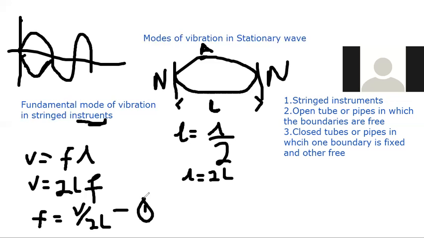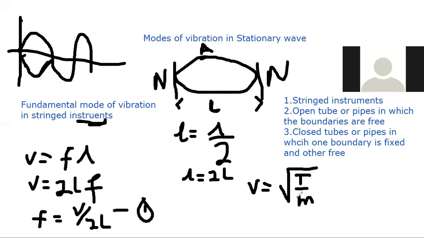So we are saying that the speed is equal to this. We can relate it to the square root of T all over M, where T is the tension and M is the mass per unit length of the string.